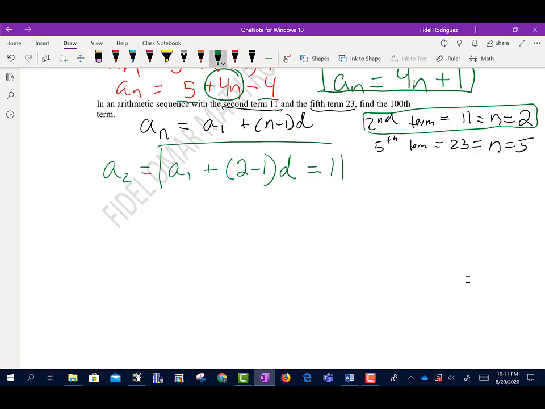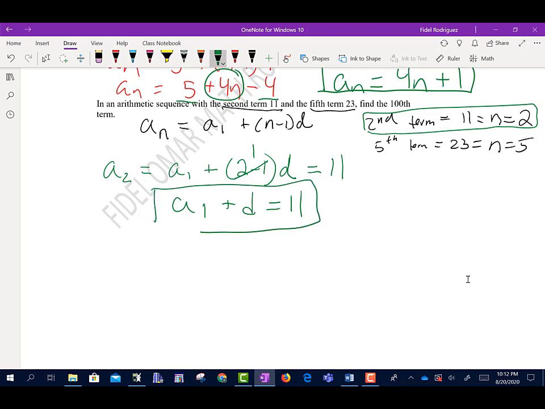Let me do a little bit more work. 2 minus 1 is just 1, and 1 times d is just d. So a1 plus d is going to be 11. Here is my second term.